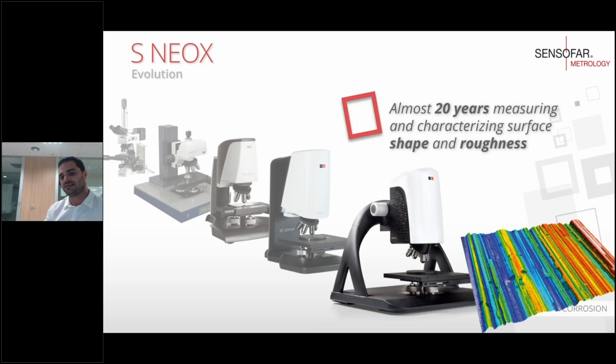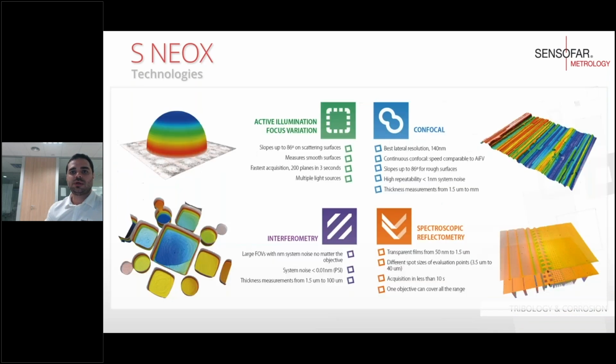What makes it different is that it has 4 different technologies in the same sensor head, and also a motorized stage that is perfect for doing extended measurements. Here we present the 4 technologies that we have talked about in previous webinars: active illumination focus variation, confocal, interferometry, and spectroscopic reflectometry.